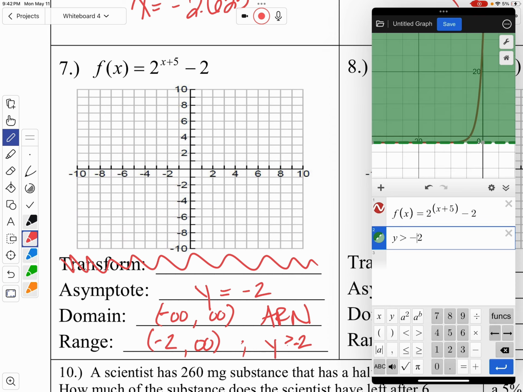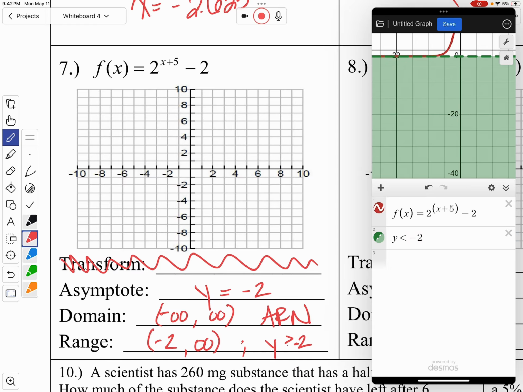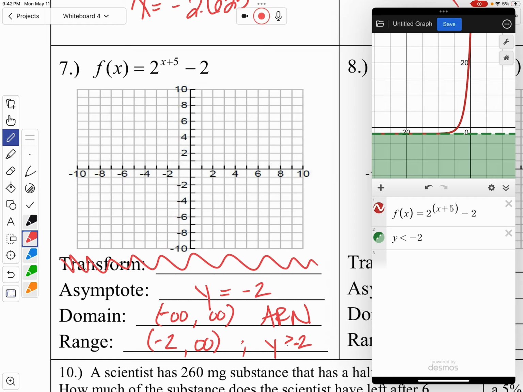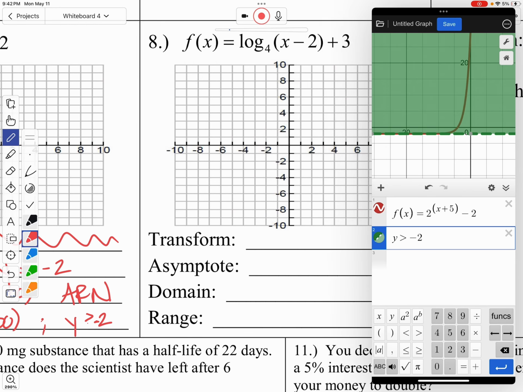If you're struggling with your signage, just double check, flip your sign and just see. And if you have it the opposite direction, you'll see that it's shaded, but there's nothing there. So you can see, okay, I need to make sure my sign is correct. So I know a lot of us prefer interval notation. We do have to know that inequality one.